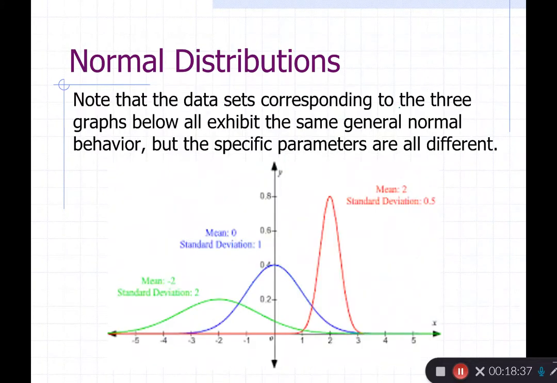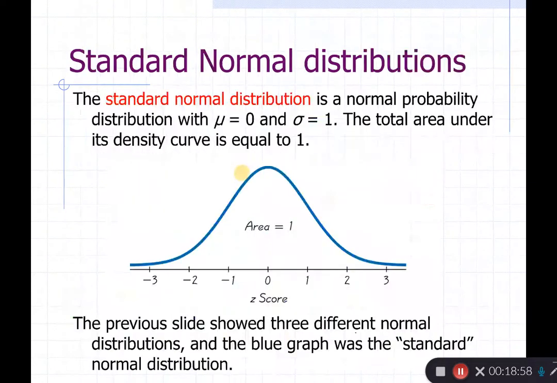So the standard normal distribution has a mean of 0 and a standard deviation of 1. Okay. Either way, the area under the graph is always equal to 1. Otherwise, it would not be a probability density curve. It would just be a regular graph.